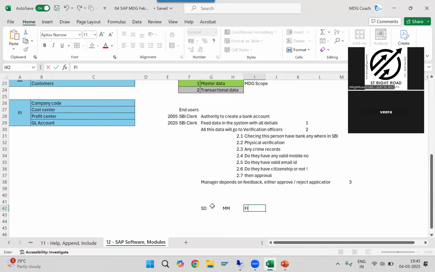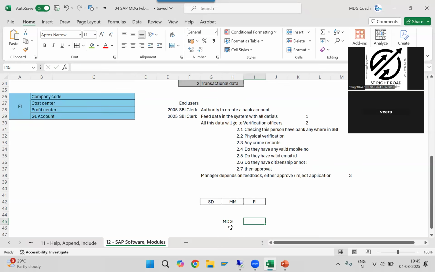SD, MM, FI. Other modules also have master data, but for now it is not required. These three modules are key sources for master data. They generate heavy master data, and they wanted to create a separate module for this.